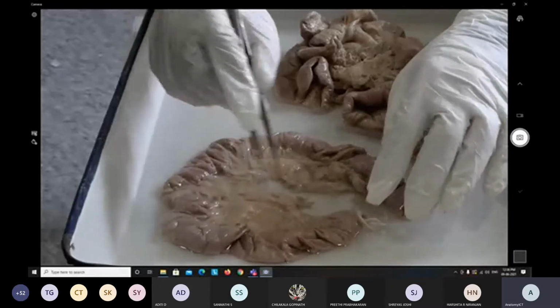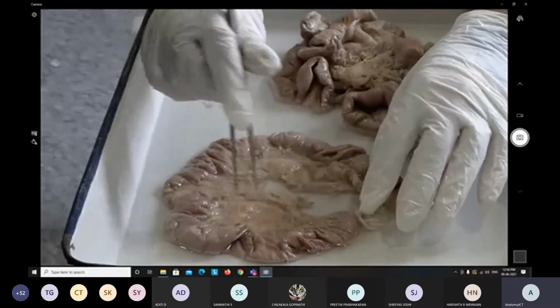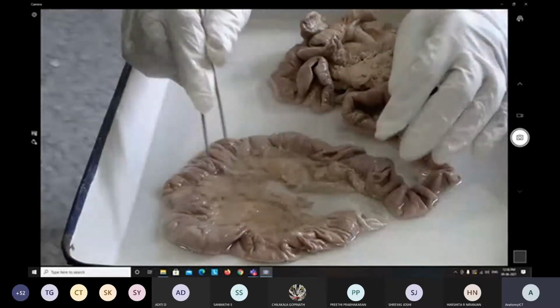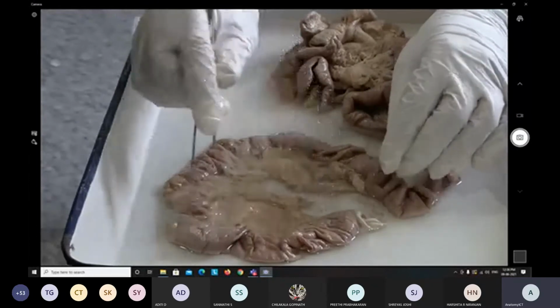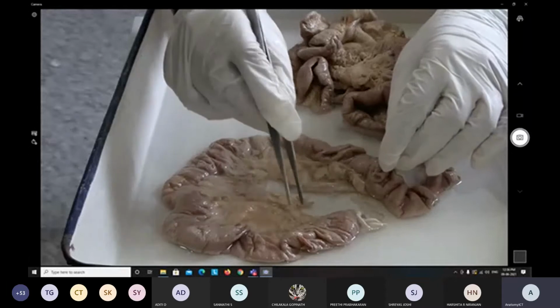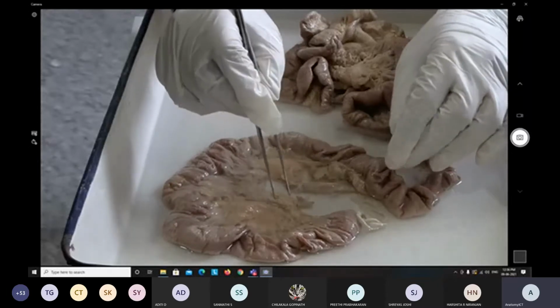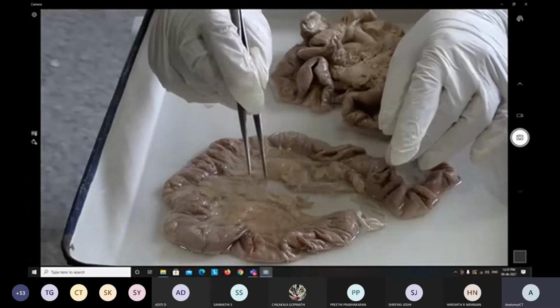Now, what are the blood vessels supplying this particular part? The duodenum is supplied by the pancreaticoduodenal artery, which is ultimately a branch of the common hepatic artery. That is a branch of the celiac trunk, and the celiac trunk is a major branch of the abdominal aorta.